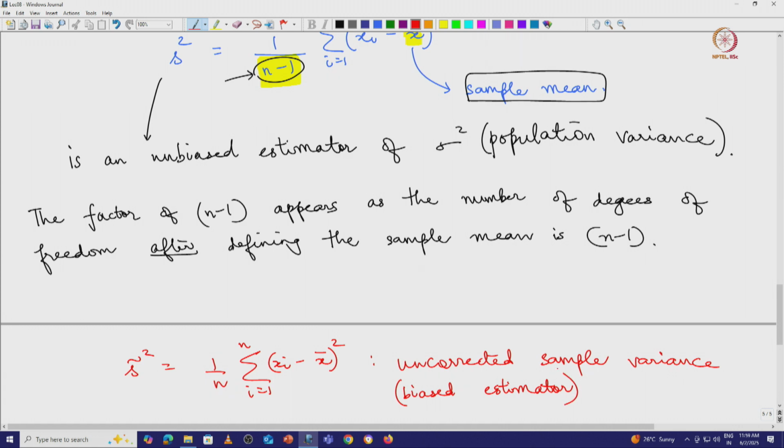Mind you, in Excel it is possible to compute both of these. If you take the square root of these, you will get the sample standard deviation and the uncorrected sample standard deviation. There is a function stdev which computes this particular quantity, and then there is stdev dot p which computes the square root of the population variance.